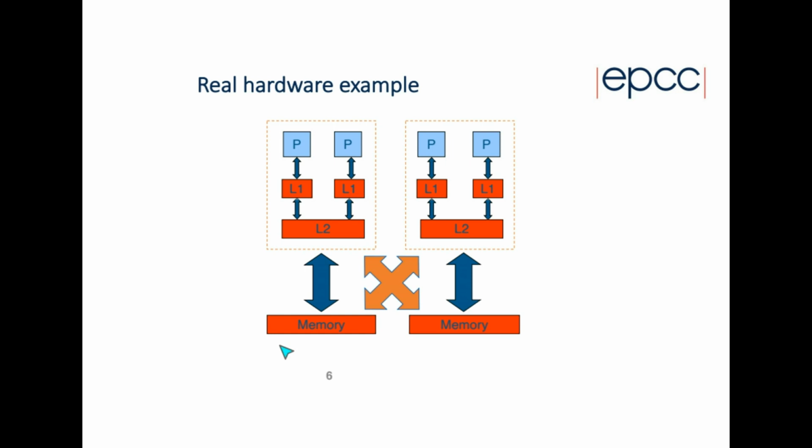Almost all machines you're likely to come across at the moment, including ARCHER2, have 2 sockets in each node. In ARCHER2, a node consists of 2 sockets, each with an AMD Rome chip in it with 64 cores. So that's how we get the 128 cores per node.